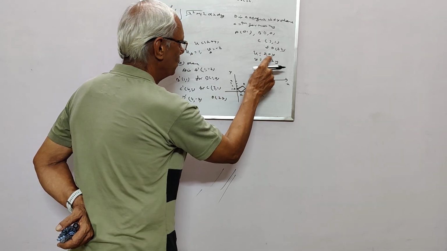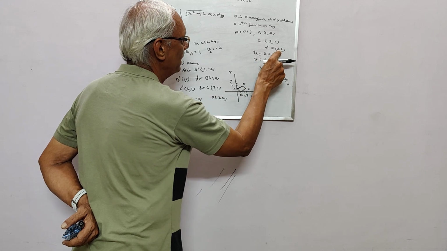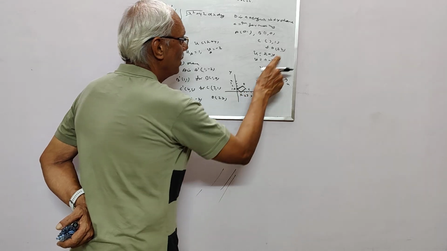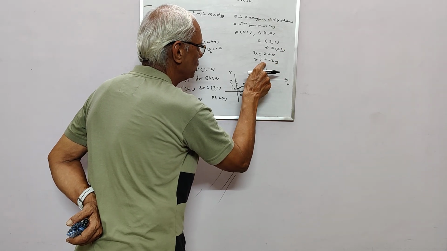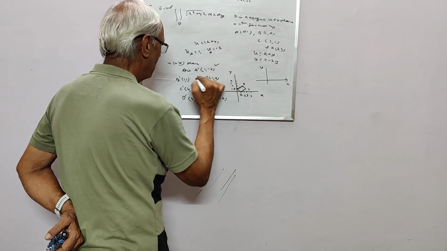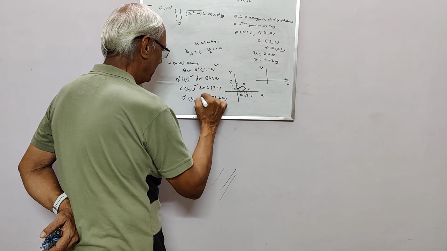So U is 2 plus 2, which is 4, and V is 2 minus 4, which is minus 2. So you see that we have got A dash, B dash, C dash and D dash.